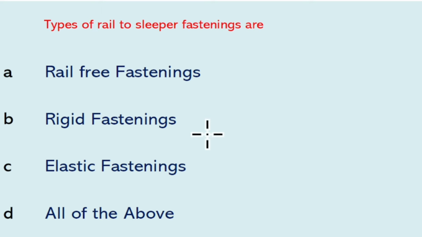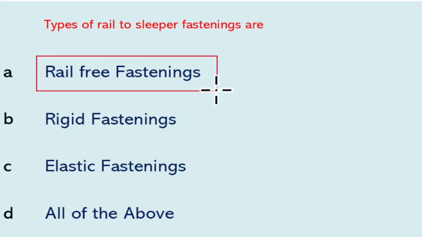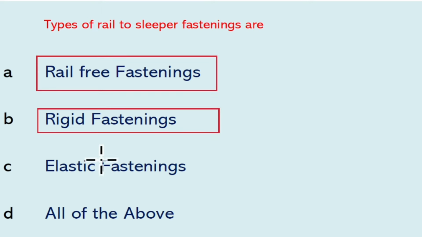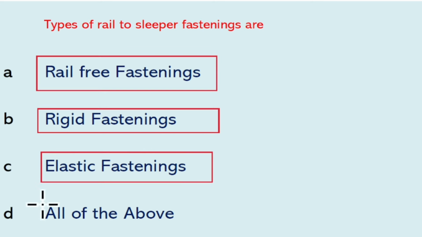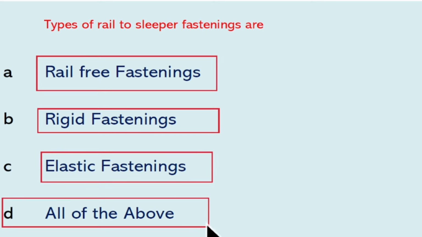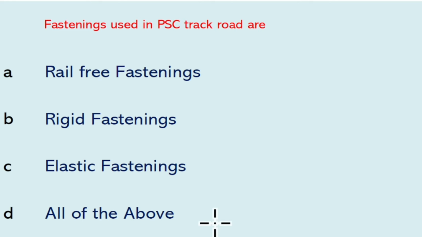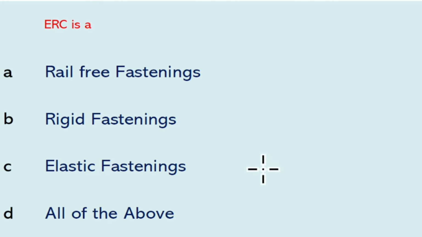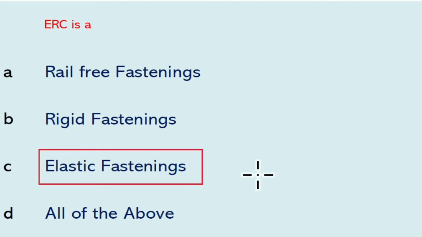Type of rail to sleeper fastening is rigid fastening, yes. Elastic fastening, yes. So all of them is the right answer. Fastening used in the PSC track are elastic fastening. ERC is an elastic fastening.